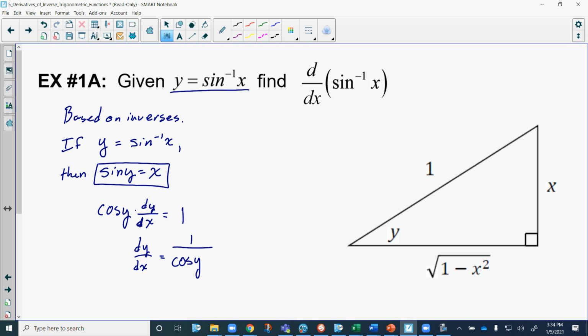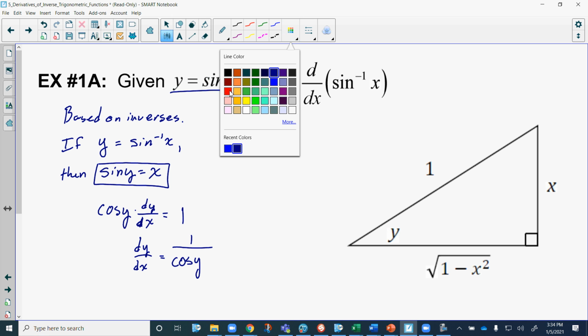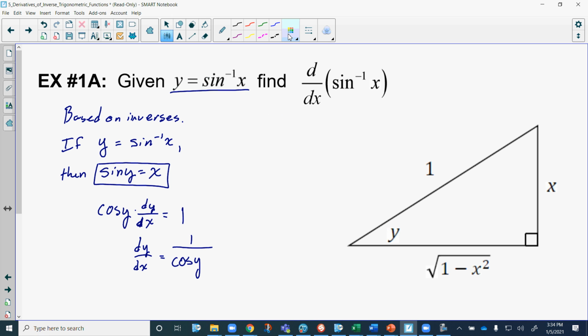Now, let's take a look at just this bit of the function. Cosine of y, what we know about cosine being the relationship of the adjacent side to the hypotenuse. In this case, we can think of cosine of y as equal to the adjacent side over the hypotenuse.